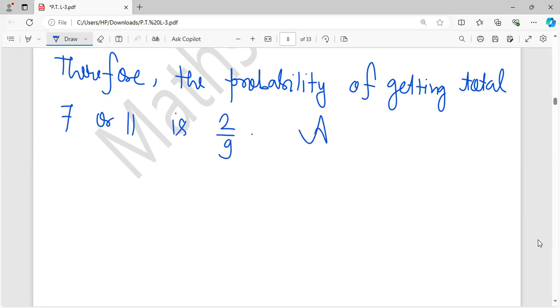So this is the answer. So we are done. In this lecture, we have discussed the additive law of probability and we have done one example on it. So today's lecture is up to this.